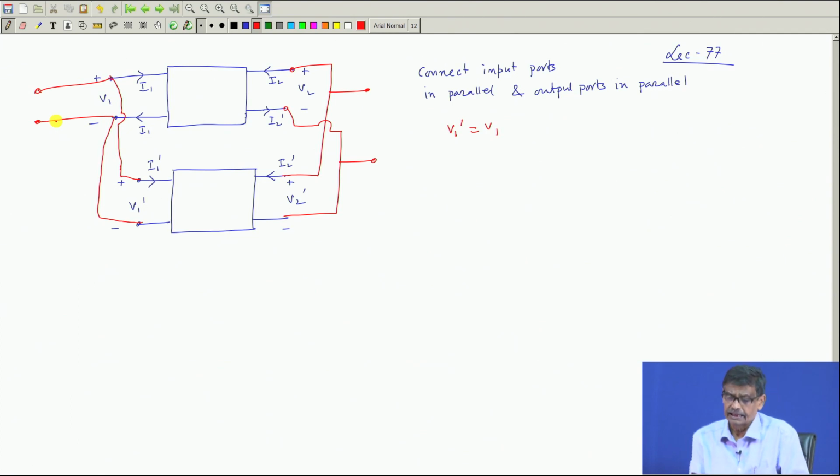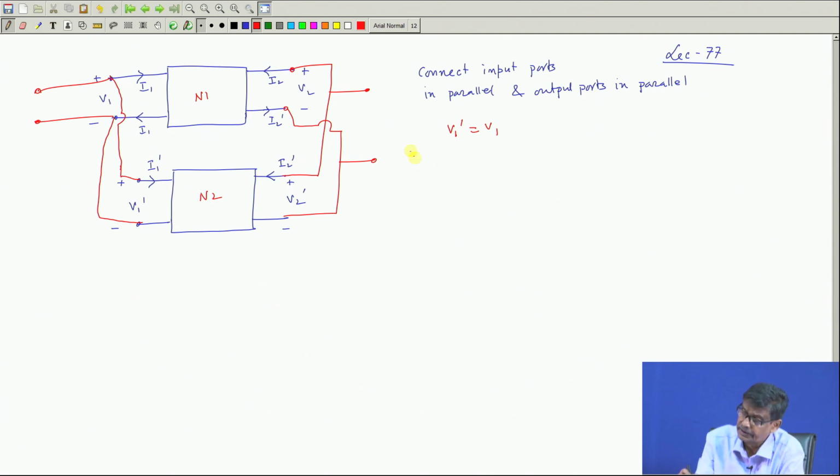Now, if you express networks 1 and 2 in terms of admittance parameters, then the equivalent parameter values will be the sum of the admittances. That is the whole idea.